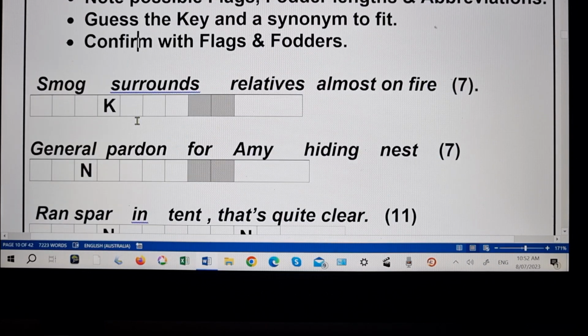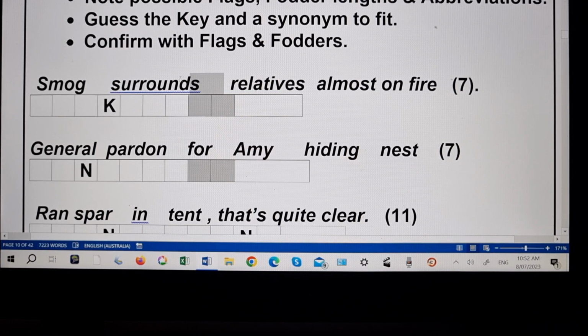Okay, here we go. Smog surrounds relatives almost on fire. And we have 7 spaces with a K. Okay, over to you. See what you can do, then come back. Okay, we're back now. Smog surrounds relatives almost on fire.